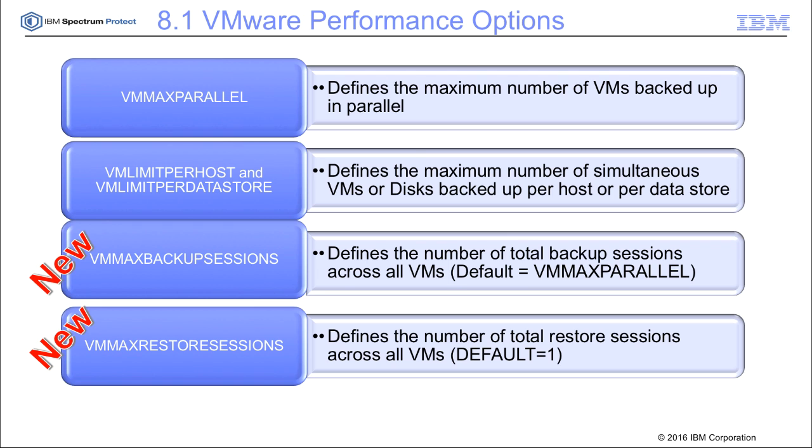But what we've done at version 8.1 is add these two new options, VM max backup sessions and VM max restore sessions. These control the total number of backup sessions across all VMs, and for VM restore sessions, the total number of restore sessions across all VMs.